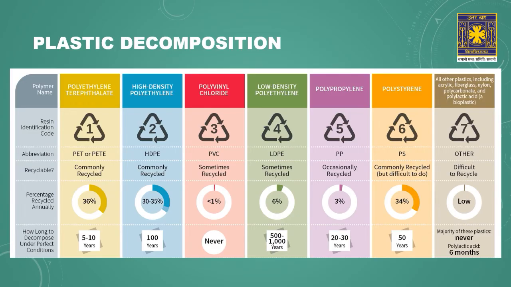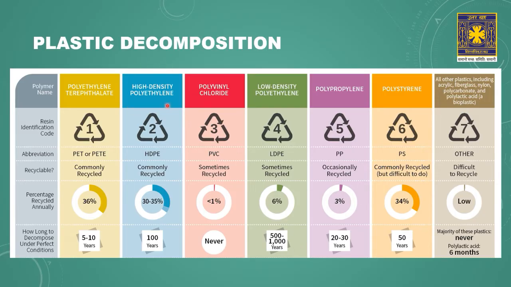In this slide, you can see that all the plastic types vary in the timing of their decomposition. For example, polyvinyl chloride is the least decomposed plastic, and there is no timeline for its decomposition, whereas LDPE type of plastics can take more or less 500 to 1000 years for decomposition.